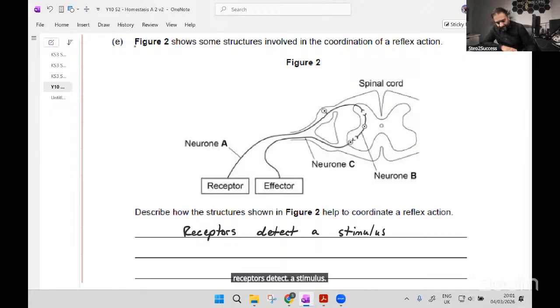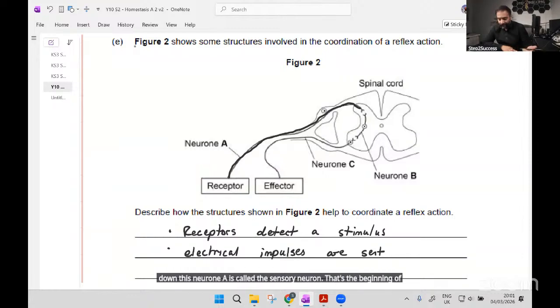They then send information as electrical impulses down. This neuron A is called the sensory neuron. That's the beginning of the journey.